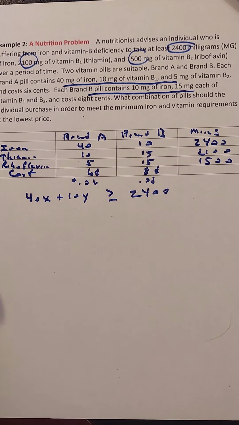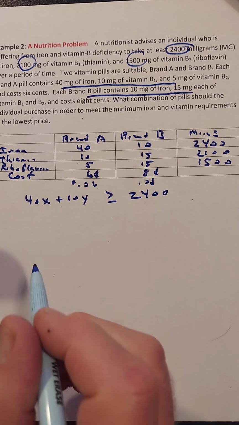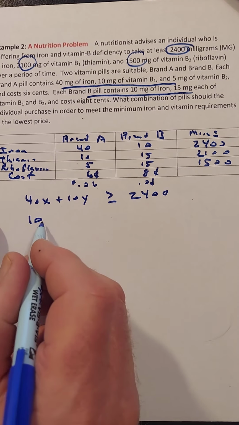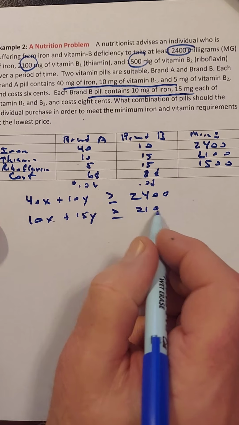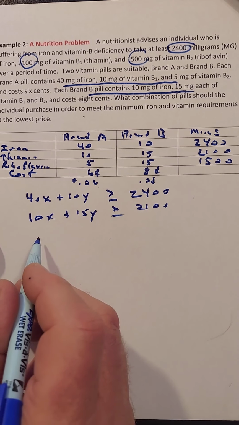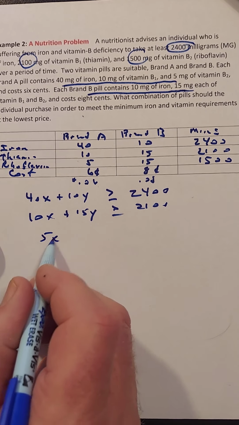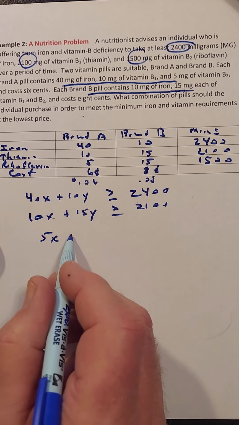It's kind of backwards. So the next one would be 10x plus 15y is going to be greater than or equal to 2,100. And then you're going to have 5x plus 15y greater than or equal to 1,500.